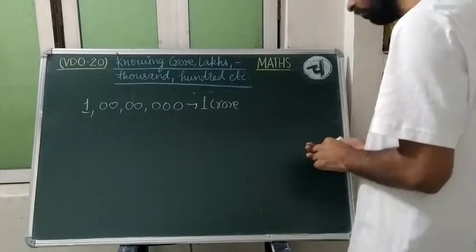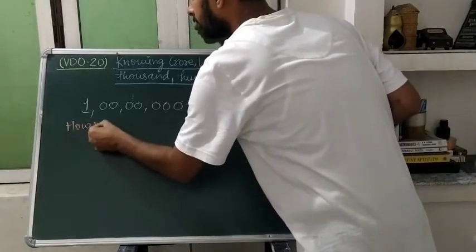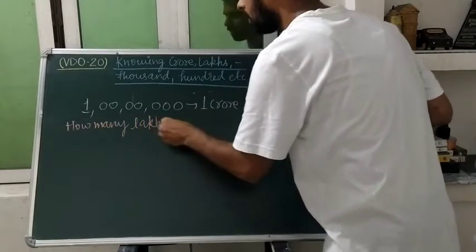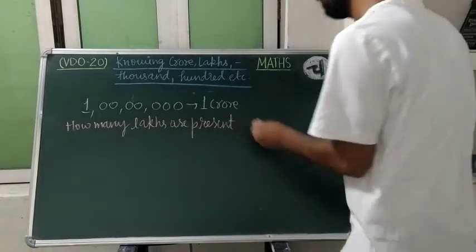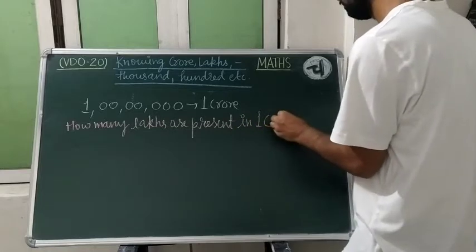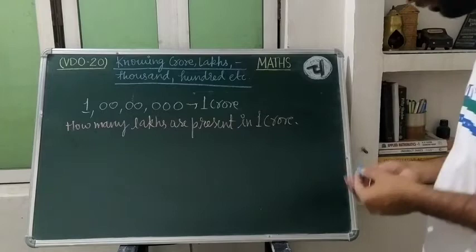And suppose we want to know how many lakhs are present in 1 crore. So how many lakhs are present in 1 crore?